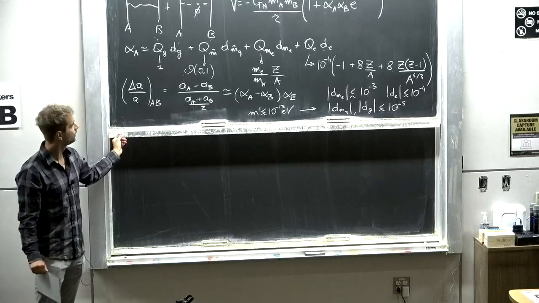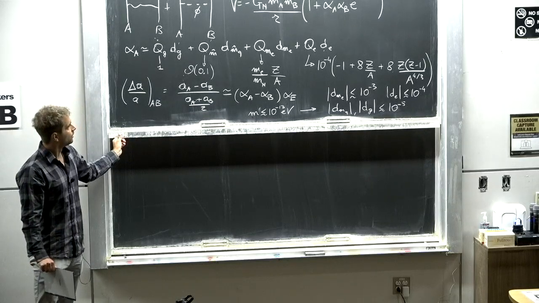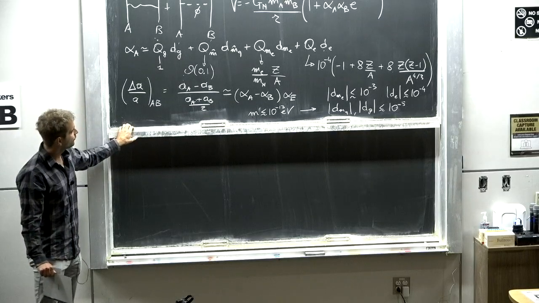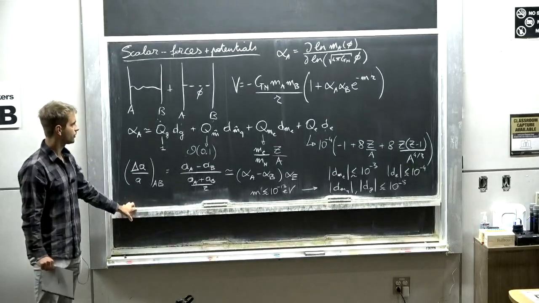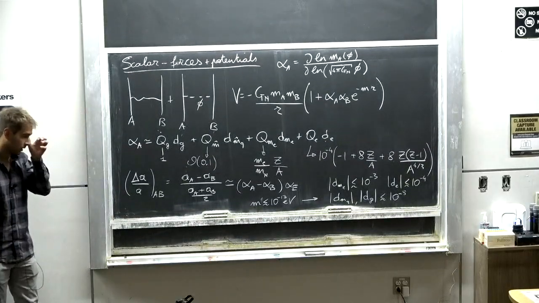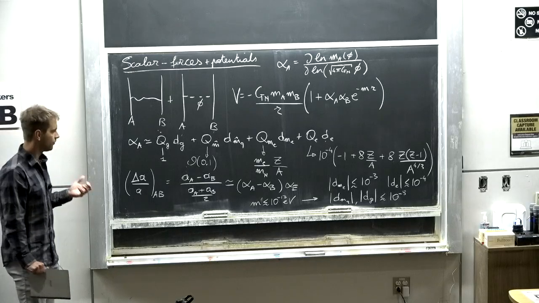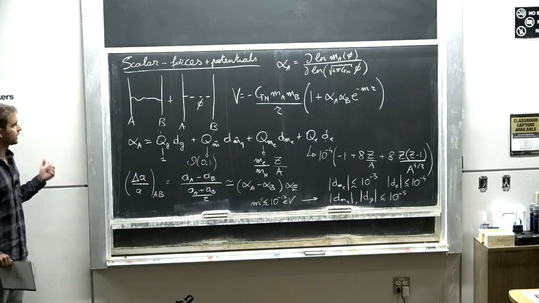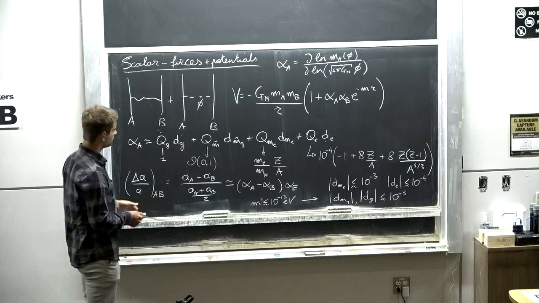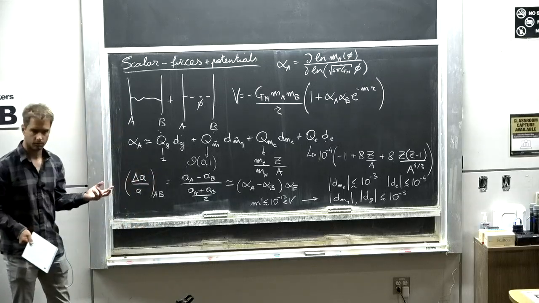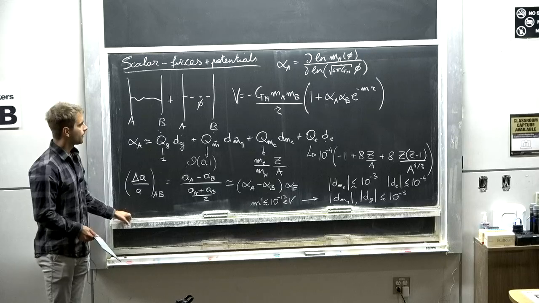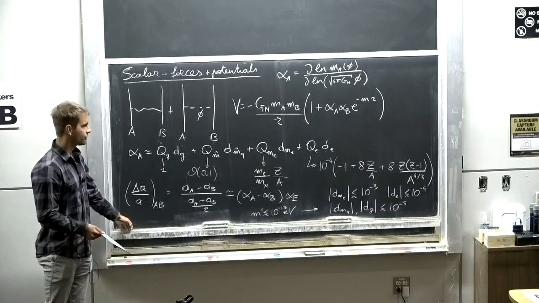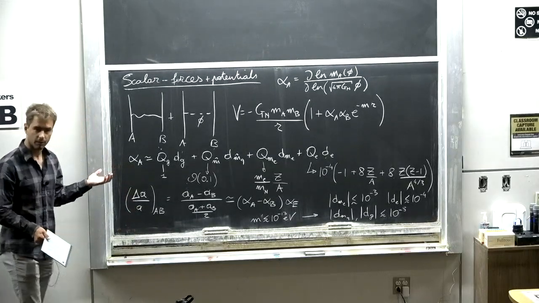What happens if the force is vector-mediated? The question was, what if the force is vector-mediated? For the two examples of vectors that I showed you in the first lecture, kinetically mixed dark photons and B minus L gauge bosons, the first one basically doesn't do anything for neutral matter.